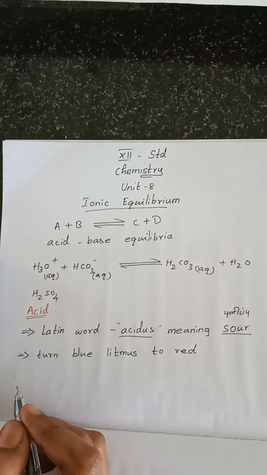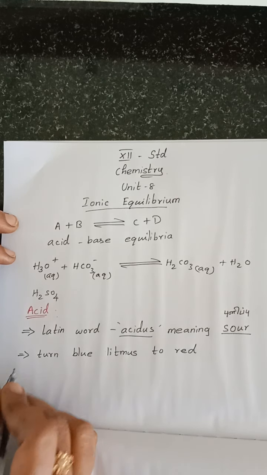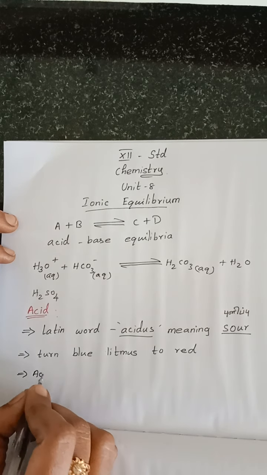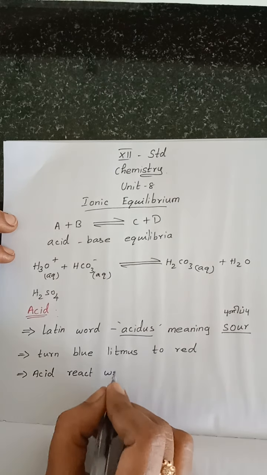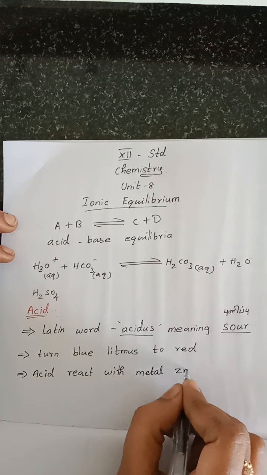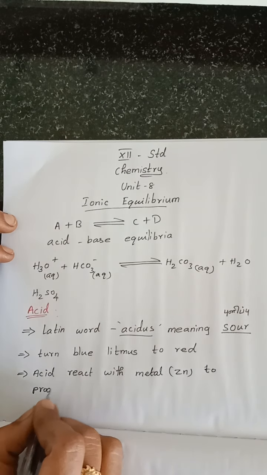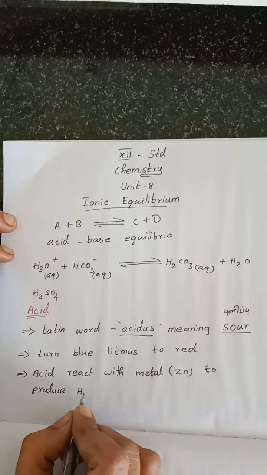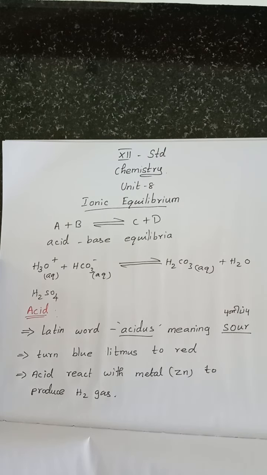Acid reacts with a metal, for example zinc, to produce H2 gas. So this is the acid definition.